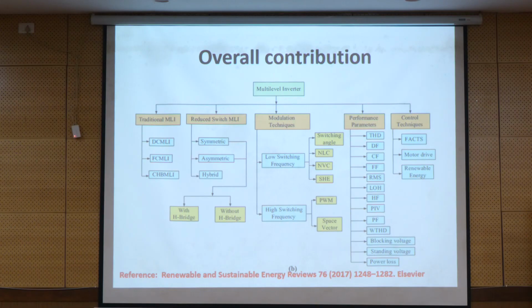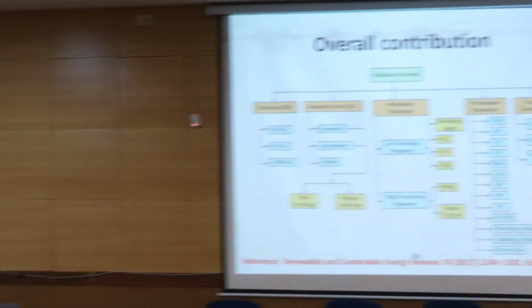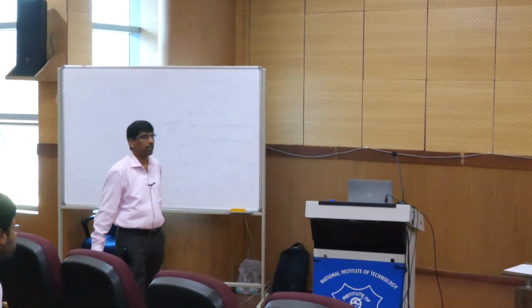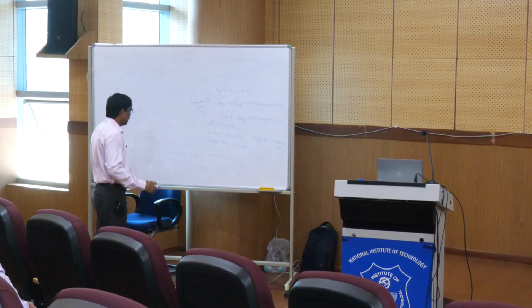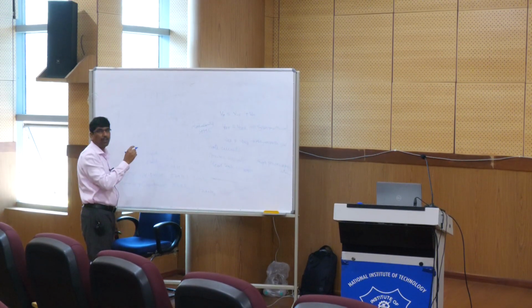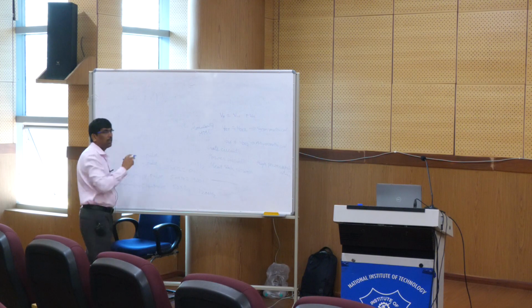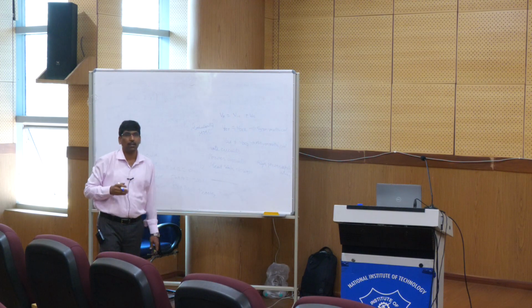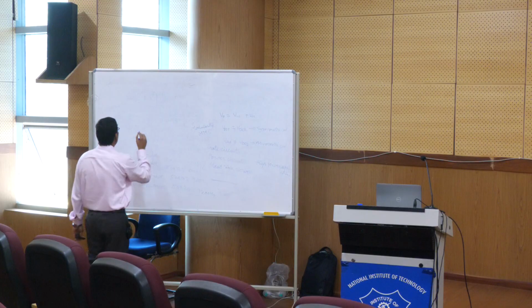There is a transition. The switching loss means the transition from the off state to the on state, or from the on state to the off state. Initially, if it is in off state, the voltage is equal to the source voltage.